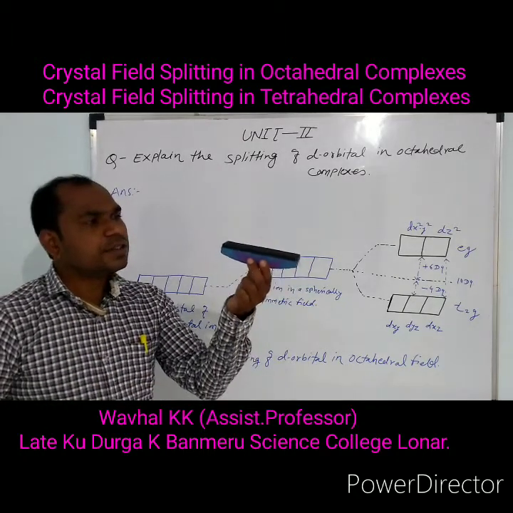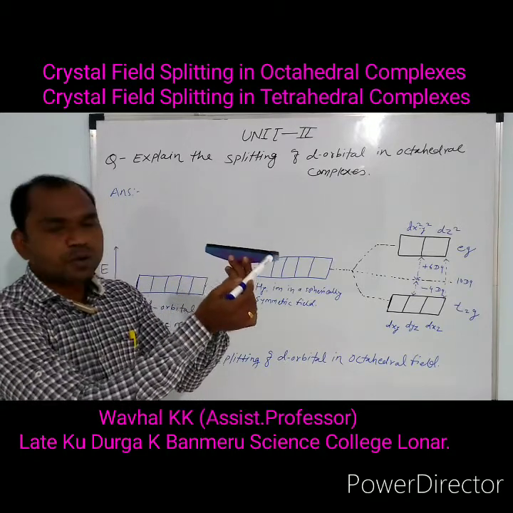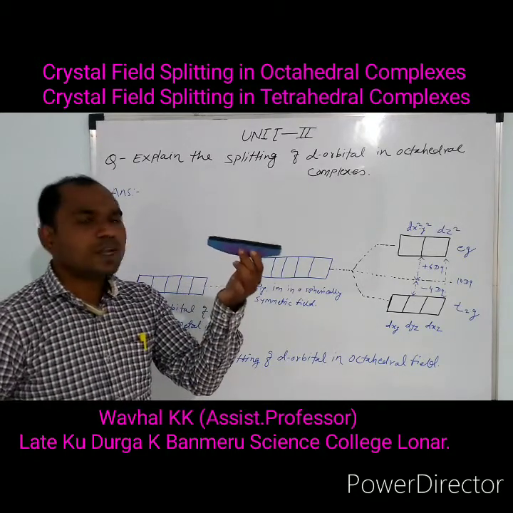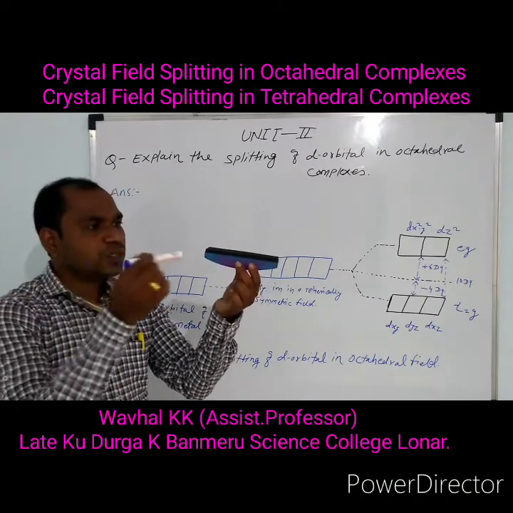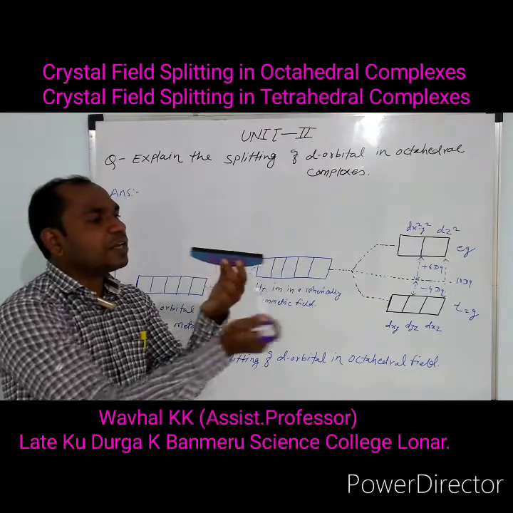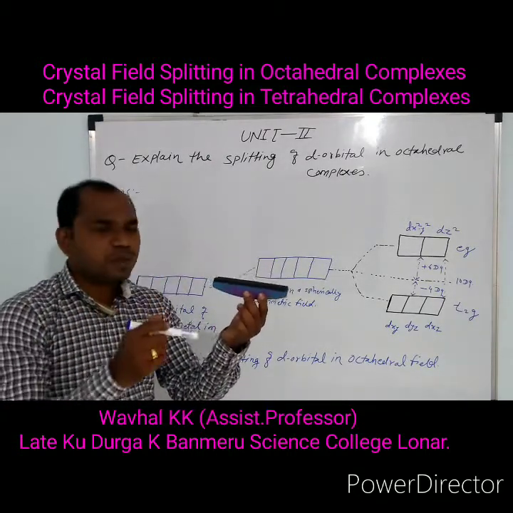See here, these are the five d orbitals, and this is the central metal atom. The six ligands approach the central metal atom for bond formation.